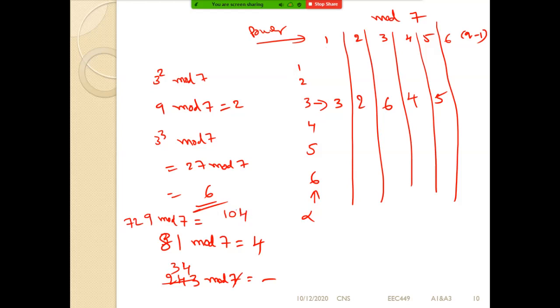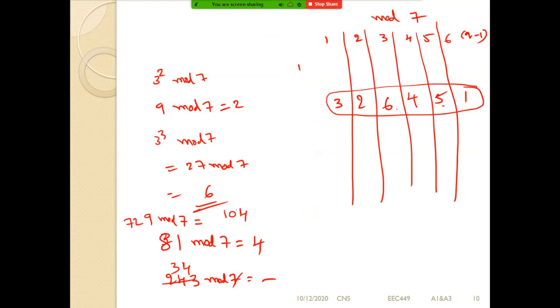Yes, sir. So see, all the numbers are distinct, and it is 1 to q minus 1. So alpha will be 3. So this is how to find the primitive root. So alpha mod q, alpha square mod q, alpha cube mod q, and so on will generate the distinct numbers from 1 to q minus 1.